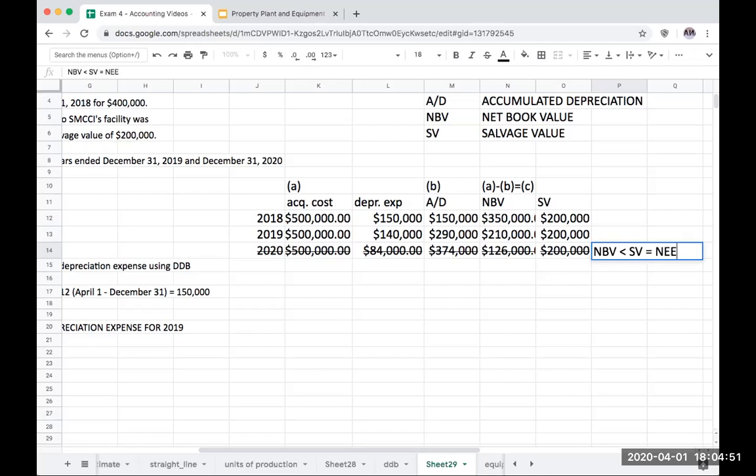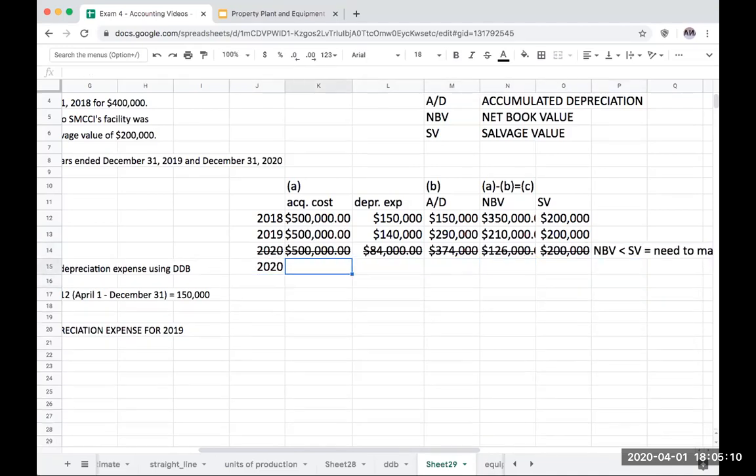So I'm going to need to, we would call force, or need to manually calculate depreciation so that the net book value is going to be equal to the salvage value. How do I go through and do that? Well, my acquisition cost here was $500,000. How much depreciation expense do I take?